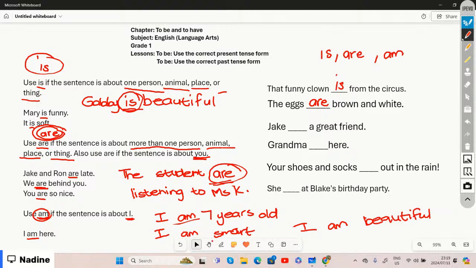All right, now we're going on to the next one. It says Jake. Do we say Jake is a great friend? Or do we say Jake are a great friend? Or do we say Jake am a great friend?